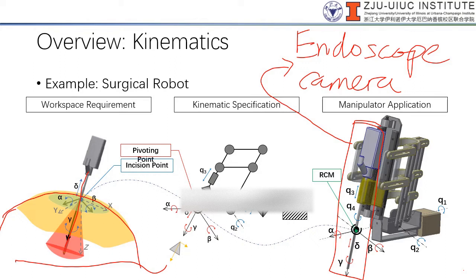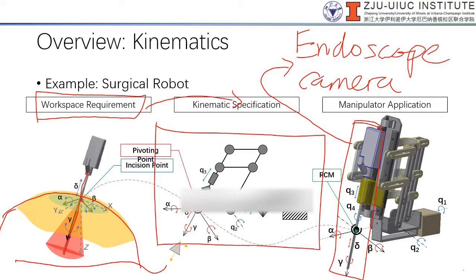Because this camera is constrained to a point, you need to understand the workspace requirement, analyzing it in a systematic way. That is a kinematic analysis of the task, and that will actually help you to do your design specification. So the schematic that you see here is something where you're going to learn how to represent the multi-body system or your mechanism in this form of schematic.